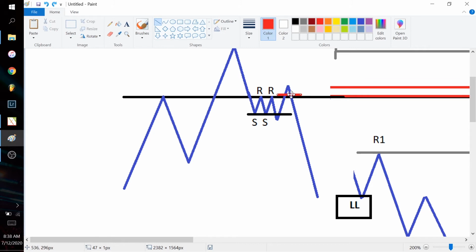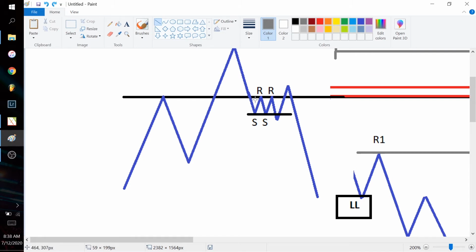Let's put this red color. They're going to short at this level. So price comes back, they short, and they're going to put their stop loss somewhere above. So price pushes above, hunts the stop loss, and then we have the drop. So that is the maximum pain level.